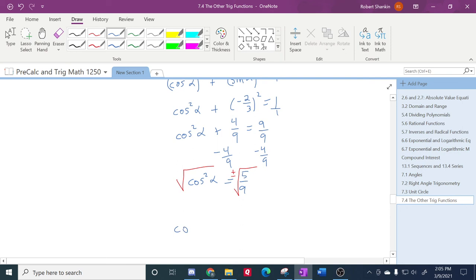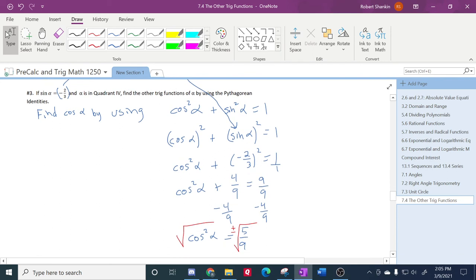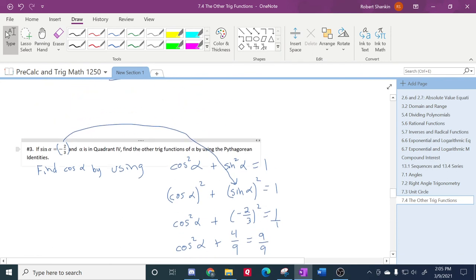Now, this plus or minus sign, we have to figure out. Sometimes it means both are solutions, but not in this case. In this case, it means one of those is right, plus or minus, and one of them is wrong. Figure it out. Well, they told us that alpha is in quadrant 4. So my little mini picture is I know I'm down here.